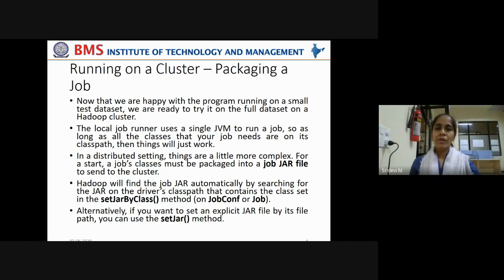Now the local job runner uses a single JVM to run a job, so as long as all the classes that your job needs are on its class path, then things will just work very well because you're just running a single job with a single JVM. But that is not the actual scenario, right?